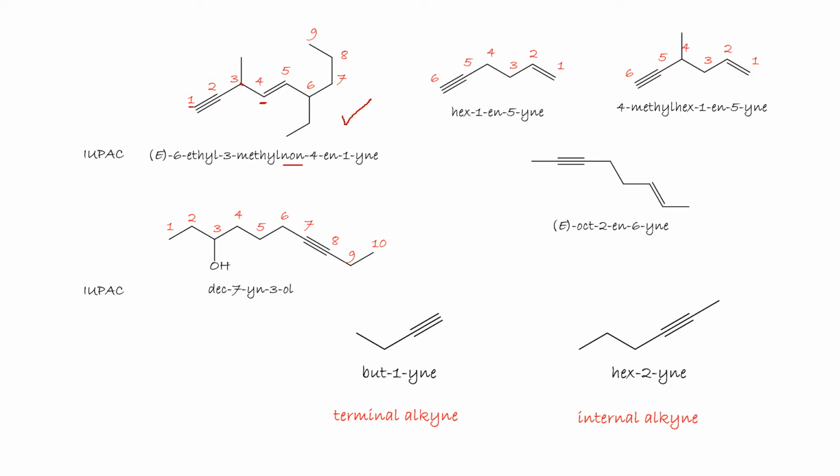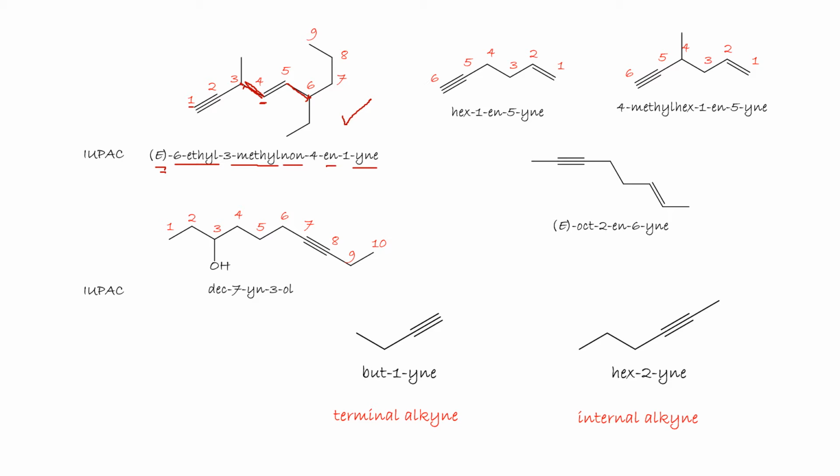We have ethyl on carbon 6. We put them in alphabetical order. So it will be 6-ethyl, 3-methyl, non-4-en-1-yne. And the geometry configuration around the carbon 4,5 double bond is E. So it is E-6-ethyl-3-methylnon-4-en-1-yne.